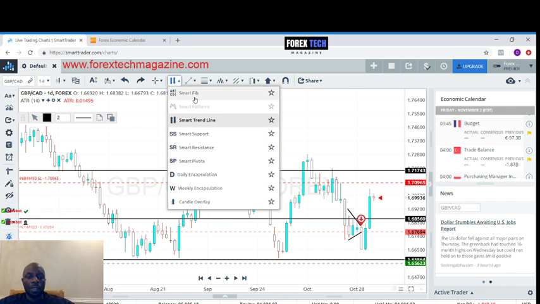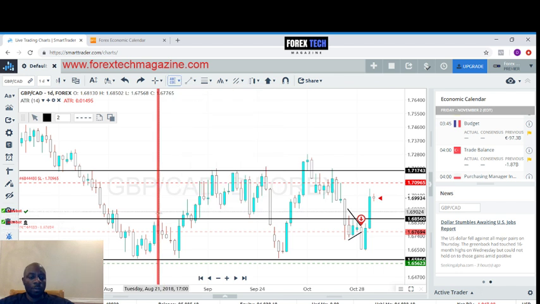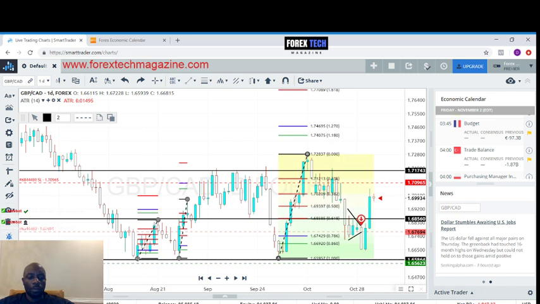It's perfect, man. You got smart fibs, which are perfect. Smart fibs is so great, and you see with this, all I did is came in, place one click at the low, and you see it automatically starts drawing all my Fibonacci sequences on the chart. And the cool thing about it is all you have to do is just match up the color.